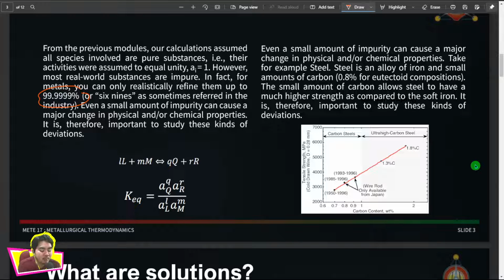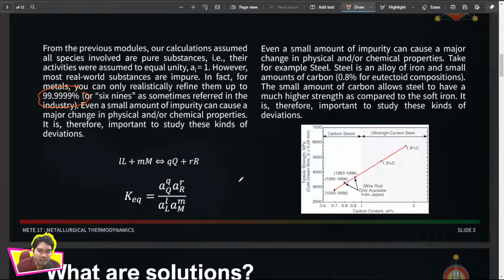In fact, hindi mo ma-compare yung hardness ng pure iron versus steel that is alloyed with just 0.8% carbon. So that just tells you how large the effect is kahit minute compositions lang. And we can look into other systems pa.